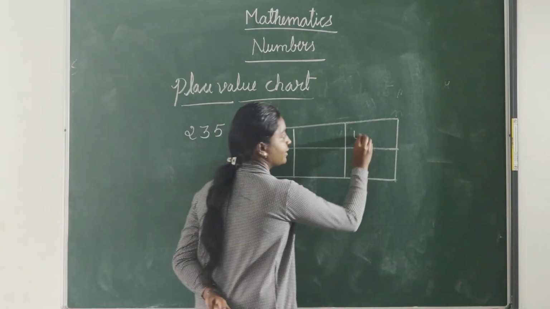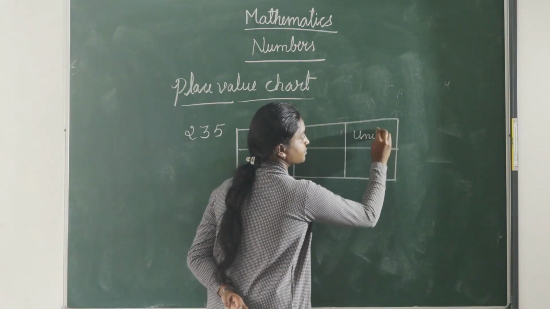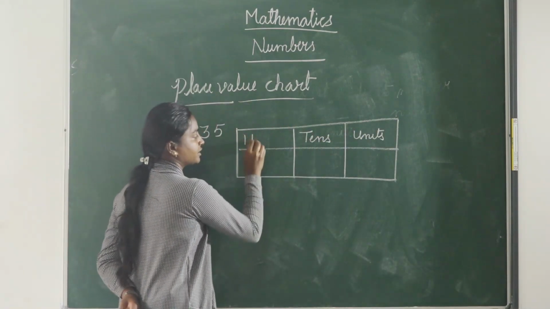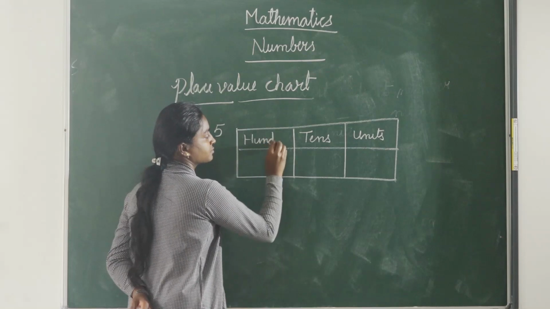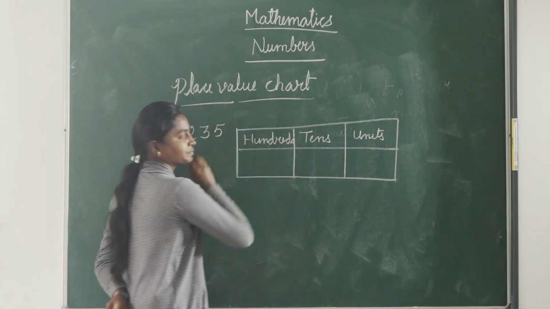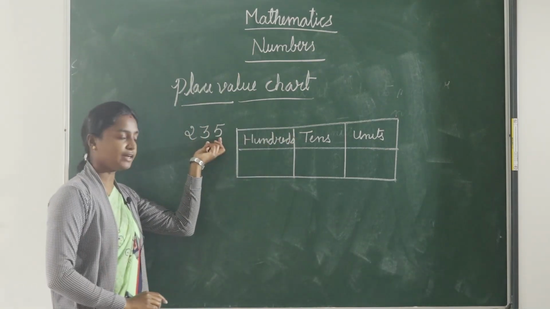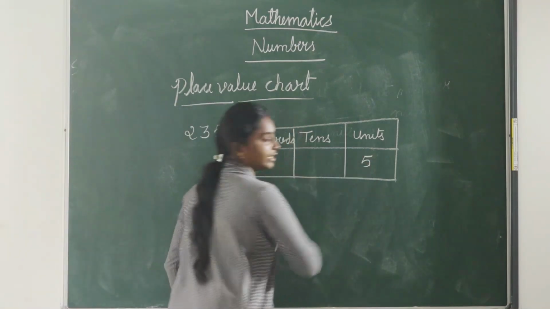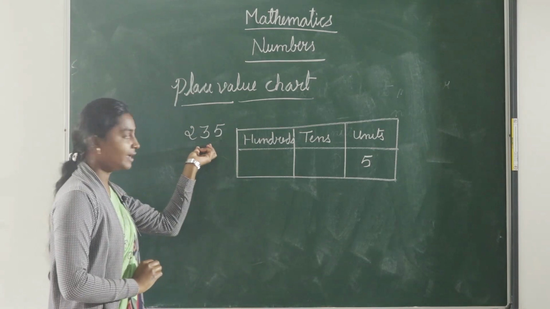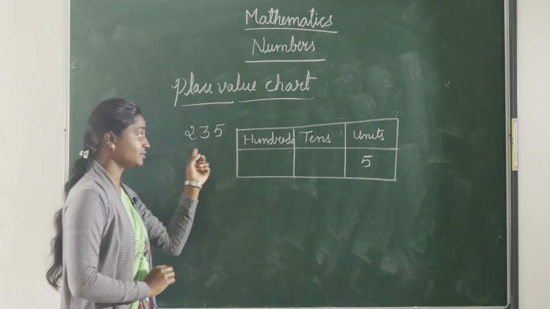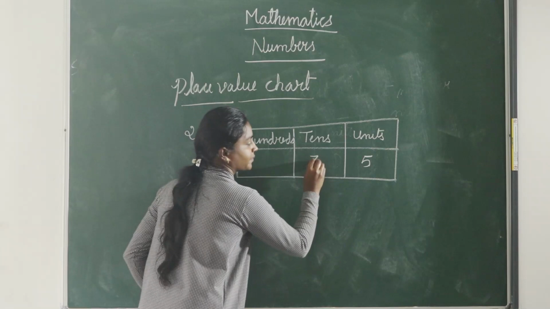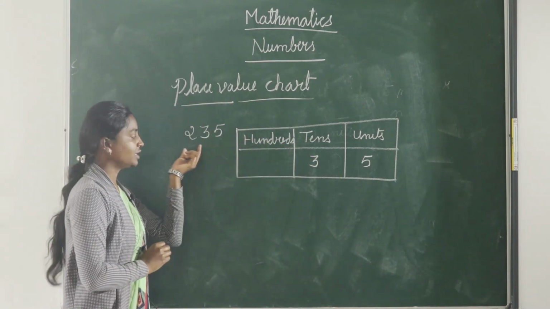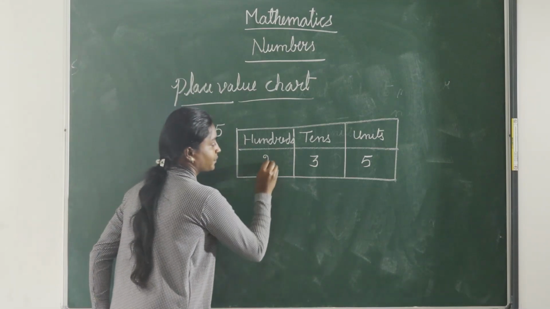That is, first we have to start with units, tens, hundreds. So where does 5 stand? It stands in units place. So let's write 5 here. Where does 3 stand? In tens place. So let's write 3 here. So where does 2 stand? In hundreds place. So let's write 2 here.